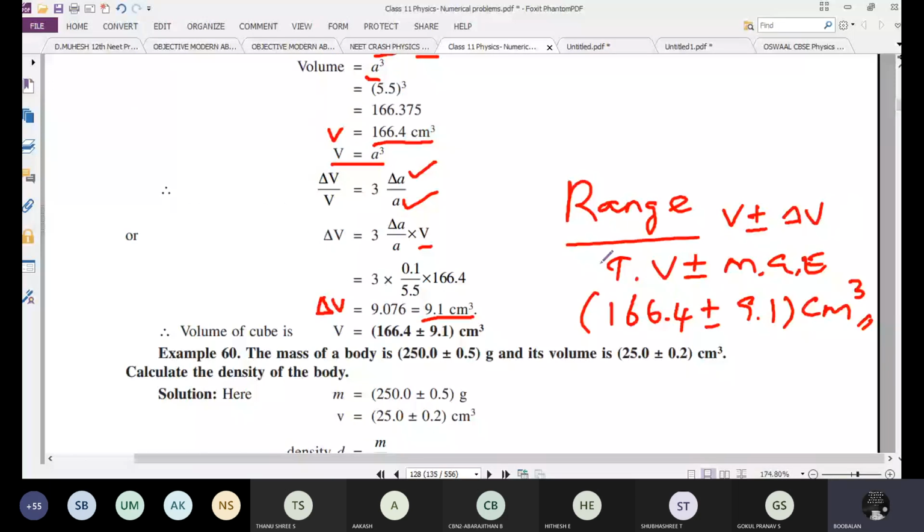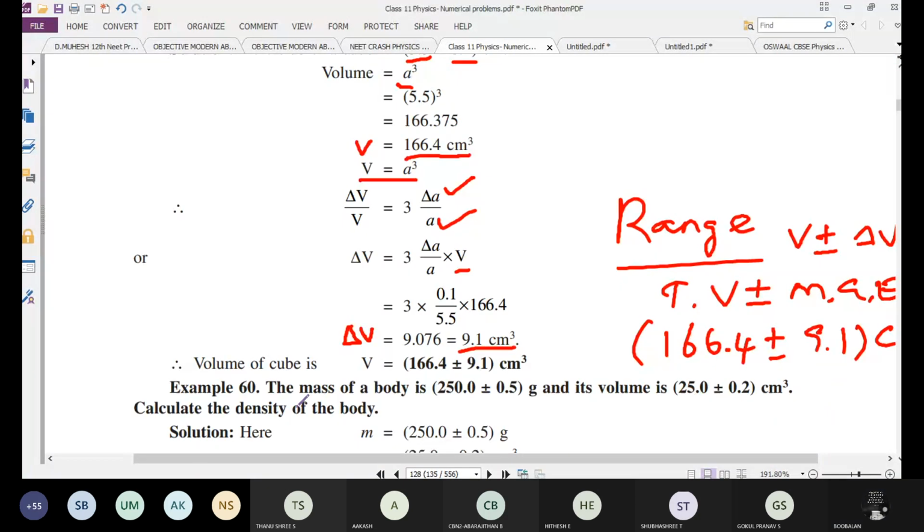Okay, so this is for homework. The mass of a body is 250.0 plus or minus 0.5 gram, and its volume is 25.0 plus or minus 0.2 centimeter cube. Calculate the density of the body.